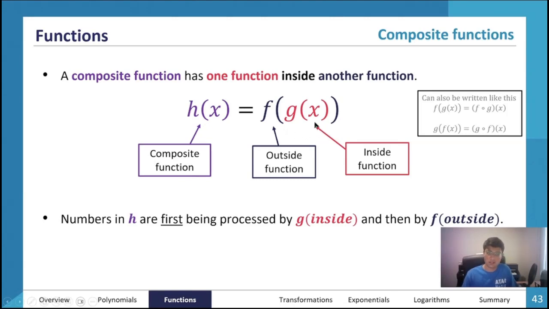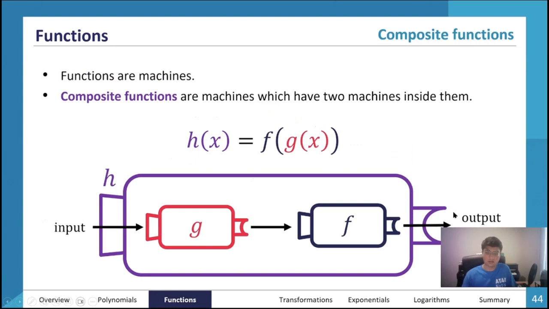What this means is that when we put a number into h, we're actually putting the number into g, so it's processed by the function g, and then whatever g outputs goes into f. So it looks something like this. We put in a number, it goes into g, gets outputted, then goes straight into f, and then gets outputted. That's the output of the overall function h.